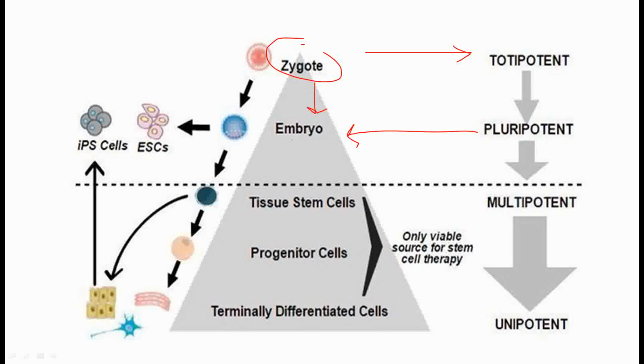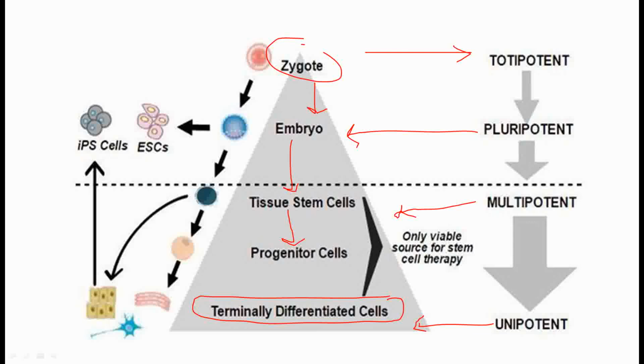This embryo differentiates into tissue stem cell, progenitor cells and many other cells. And these are examples of multipotent stem cell. Finally, here comes terminally differentiated cells. And these terminally differentiated cells are examples of unipotent cells.